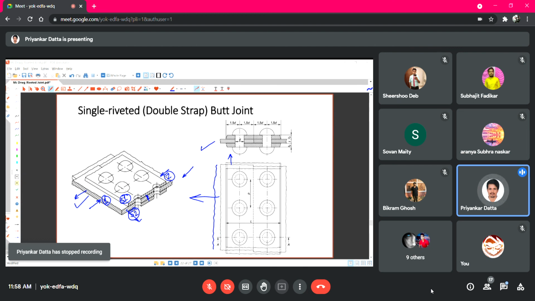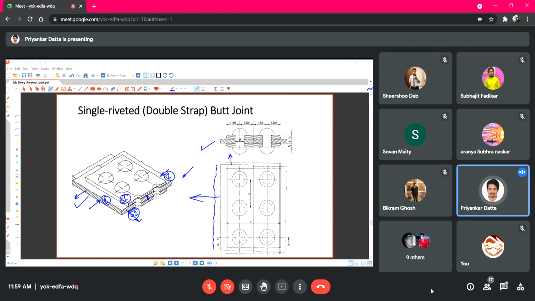Let us stop our discussion today, and I'll post the assignments in your classroom. And again, I think 7 days will be sufficient for drawing this, and you will also have these files with you. So this time you don't have to think much.